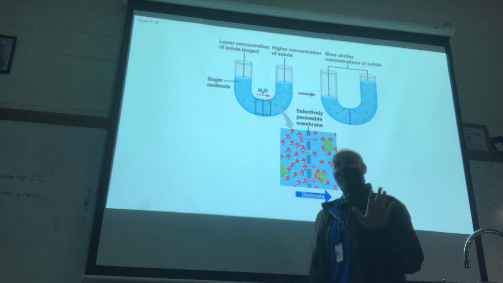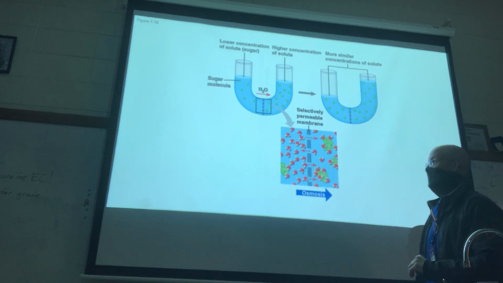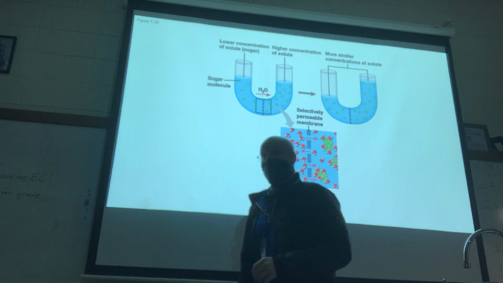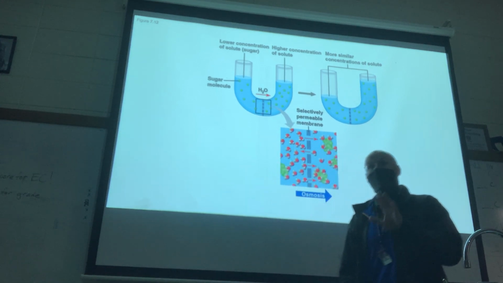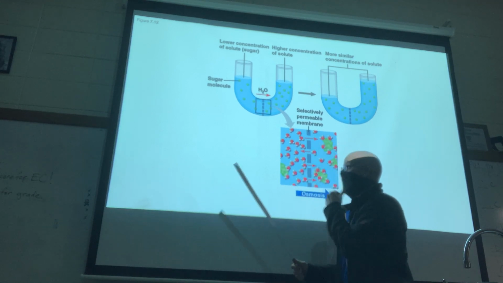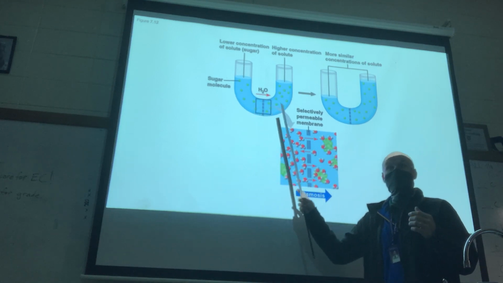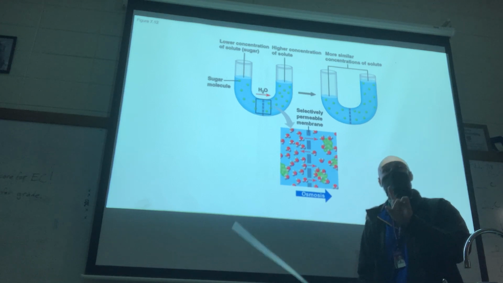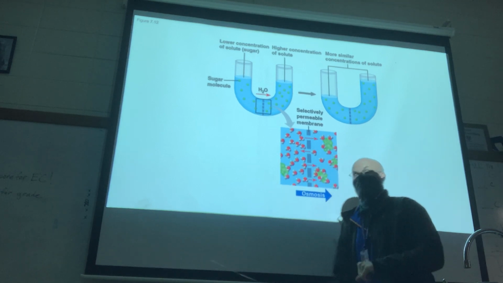But you have to say what's high and what's low. So the water always wants to go from high to low. High concentration of water to low concentration of water, which actually means it wants to move to where you have high solute, because that means it's low water.